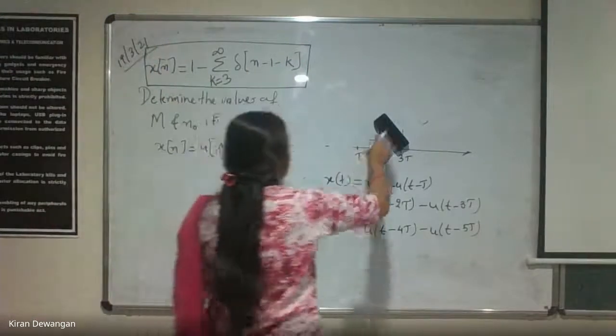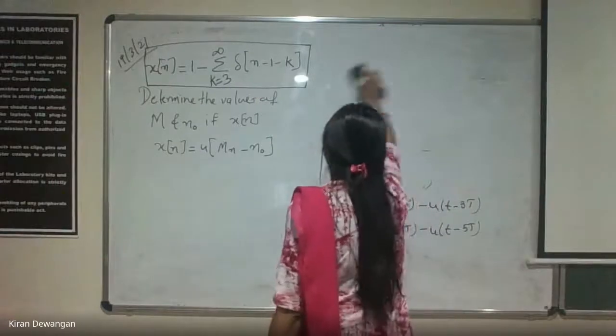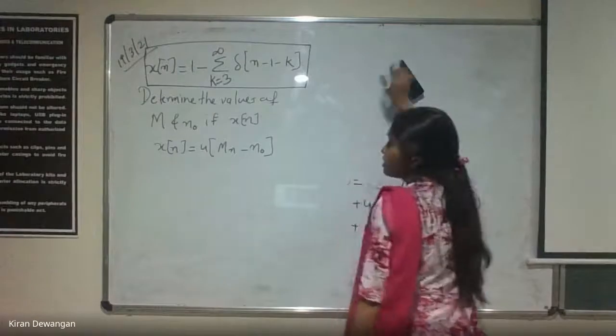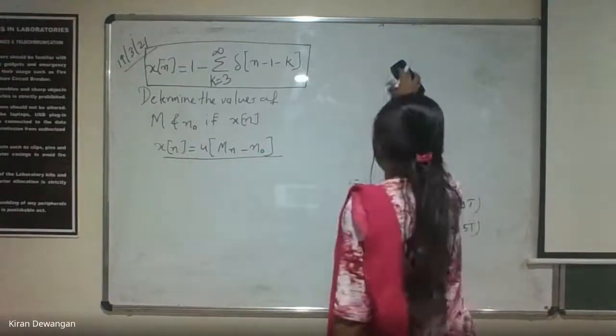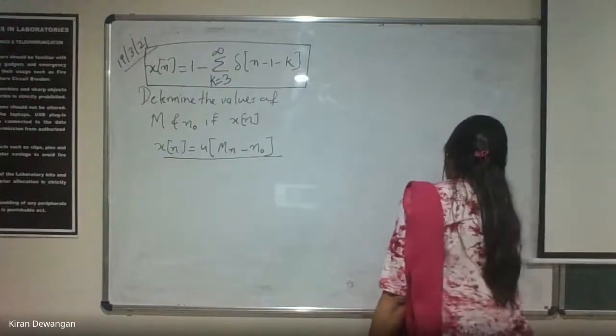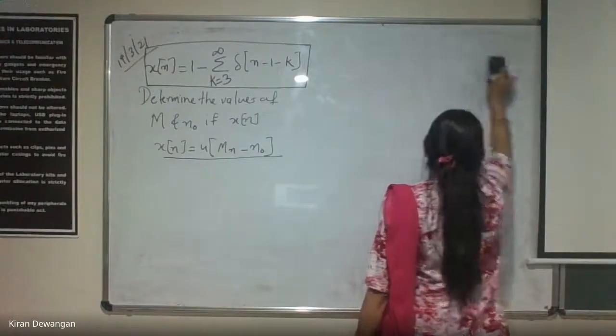Now for this function, first of all, we need to understand how we can write it in terms of u[n], because the final function is written in terms of u[n]. So for that, first of all, we need to plot the function. पहले तो हमें function को plot करना पड़ेगा.